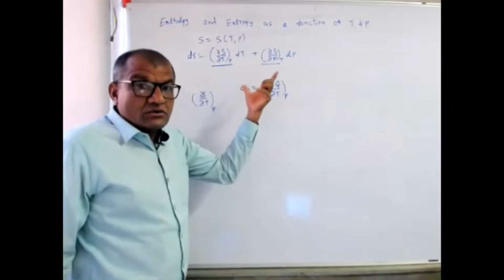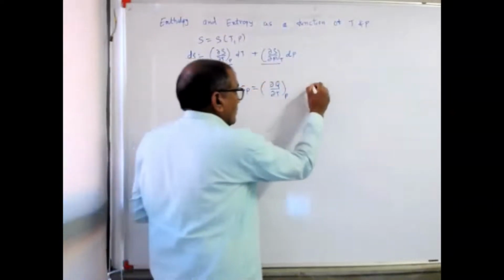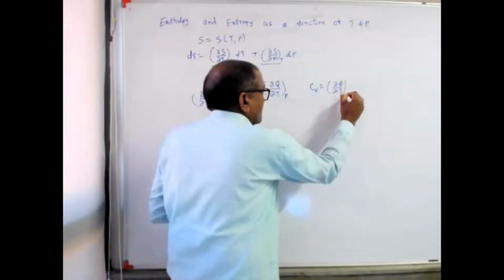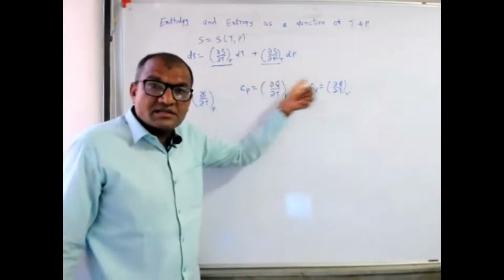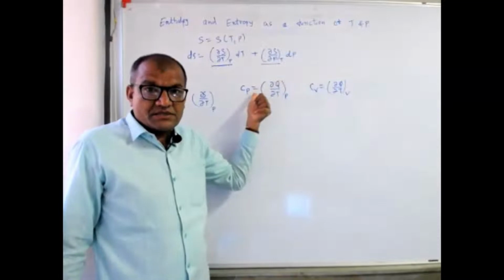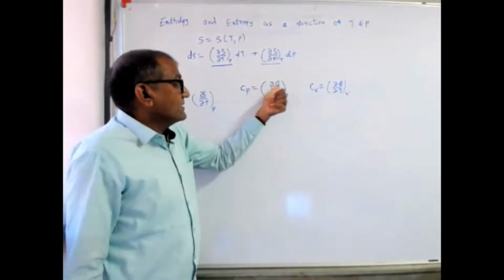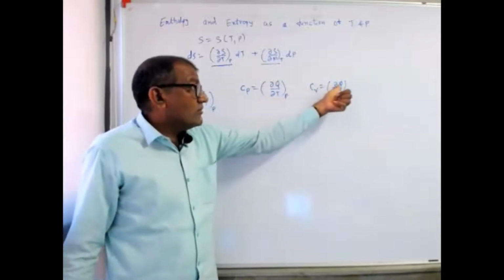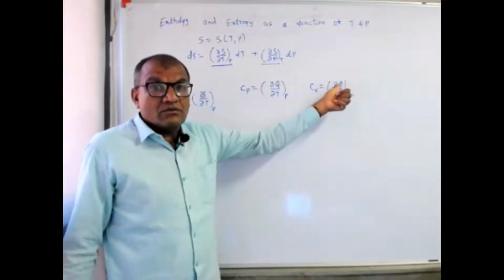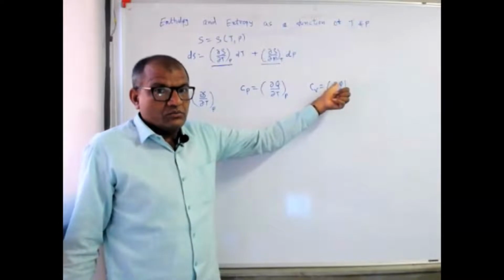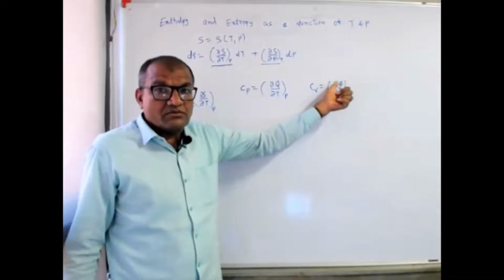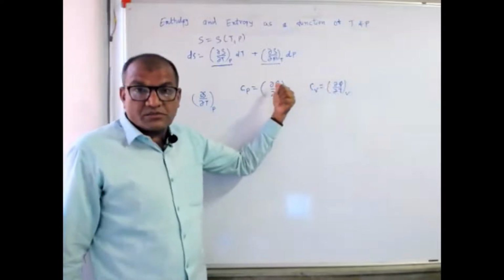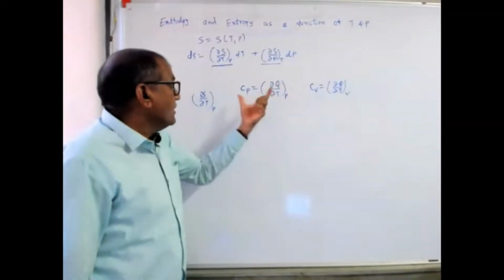And I can also write heat capacity at constant volume, that is del Q by del T at constant volume. So these two things are different. Cp, the heat capacity at constant pressure, is equivalent to del H by del T. The constant volume one is equivalent to del U by del T, because at constant volume the relation is Q equals delta U, and at a constant pressure process Q equals delta H.